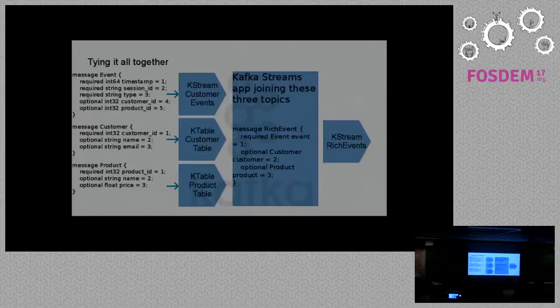My rich event message basically has three fields: one event field, one customer field, and one product field. So I actually don't need to write a lot of schema definitions, because I can just import the previous ones there. And the output of this streaming application is again a stream in my Kafka cluster of these rich events.